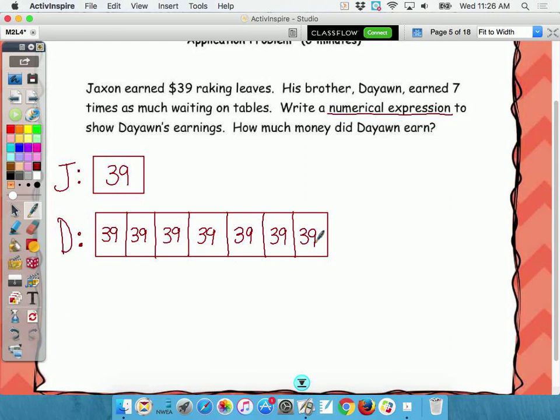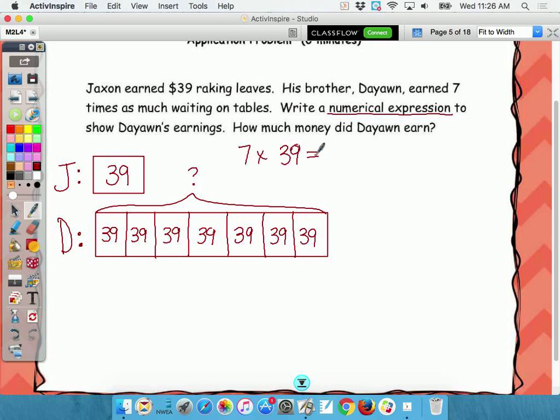So it's going to go across. So what will you write? What am I trying to figure out? Total. The total amount that he made. So what will I write? How many groups of 39? 7. Okay.